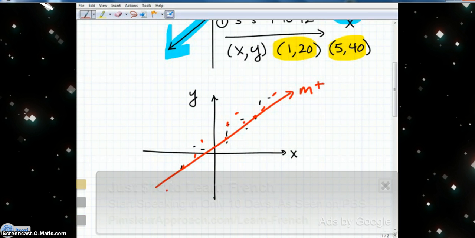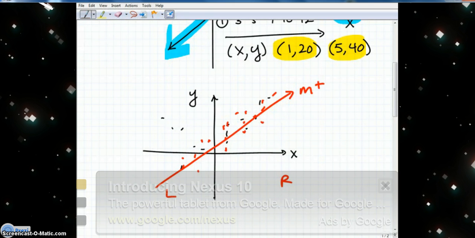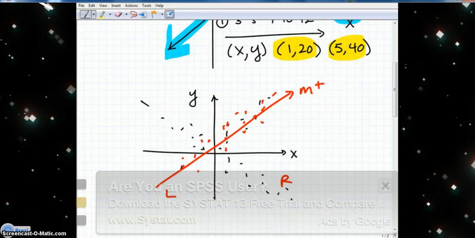Remember, lines that increase from left to right are lines that have a positive slope. So this kind of representation here would represent a positive correlation. Likewise, if you plotted the trend this way, that would have a negative correlation. So this word correlation is used a lot when we talk about scatter plots.